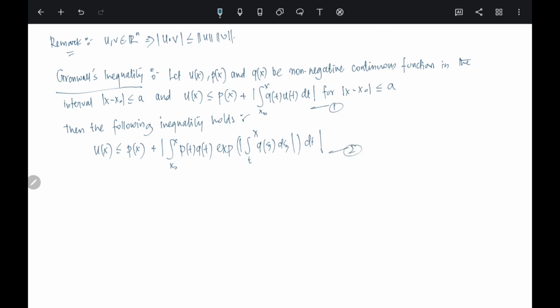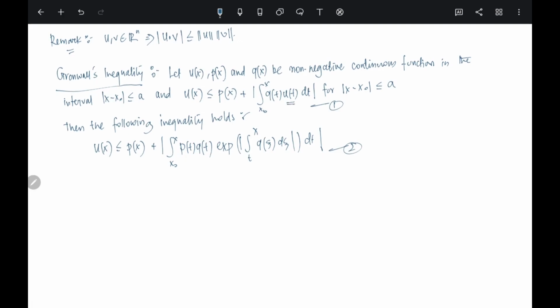So basically you see the first relation, let's call it 1, and this relation, call it 2. The first relation gives u as dominated by a quantity which also depends on u. The second inequality says that if the first inequality holds, then the second will also hold, and the property of the second is this: u is independent of u on the right hand side.